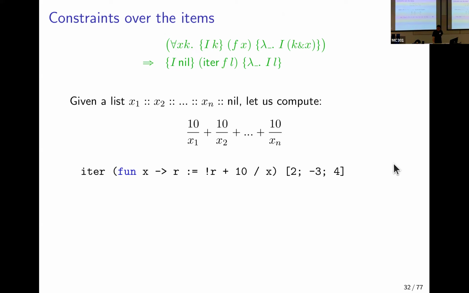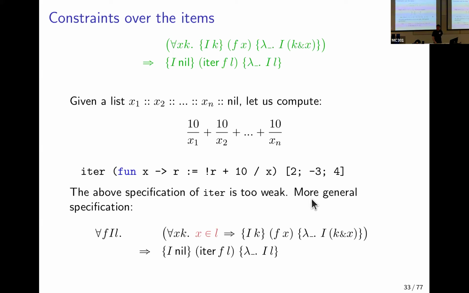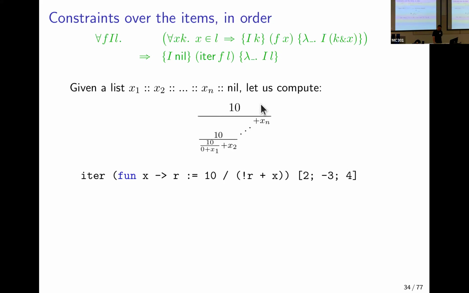So how do you do this? You need to specify a bit more. One way is to say that this x should be in L. Then you have enough information to know that it's not 0. Not surprisingly, this is not enough for all applications.